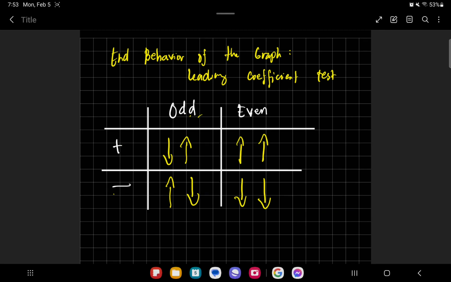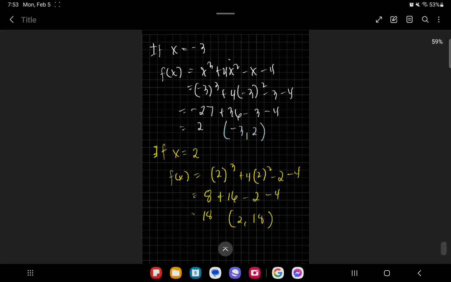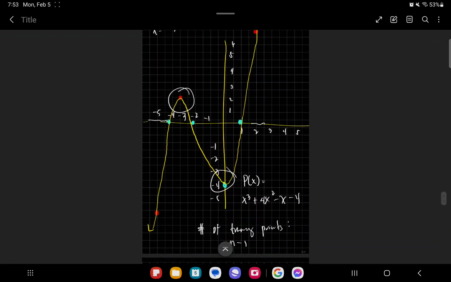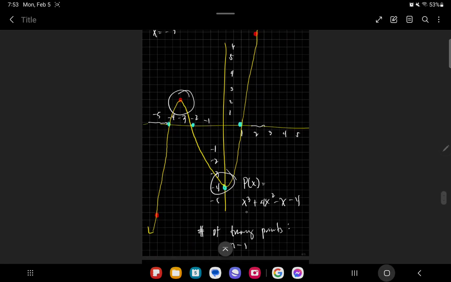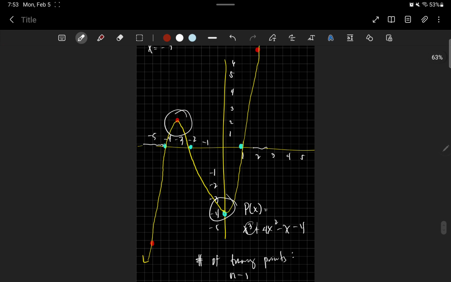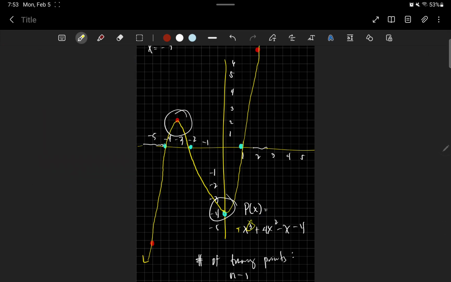So, for example, yung sa previous video, like this one. 'Di ba ang degree ng ating polynomial function here is odd, which is 3, right? Then the sign is positive.